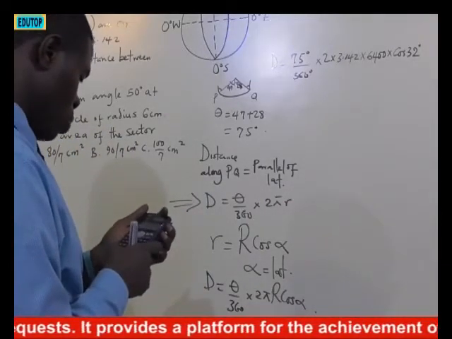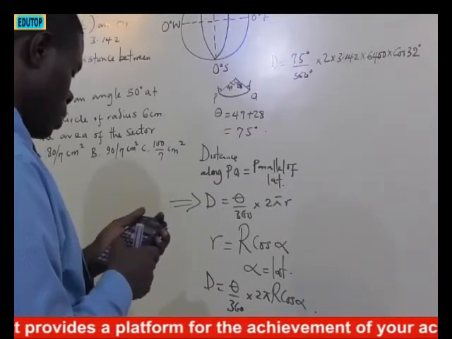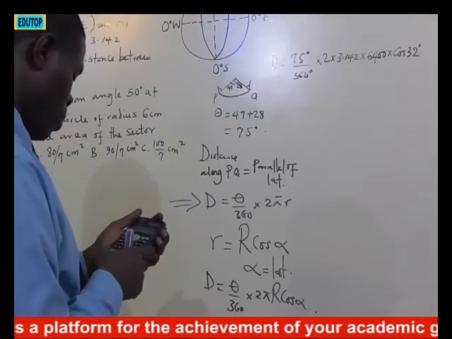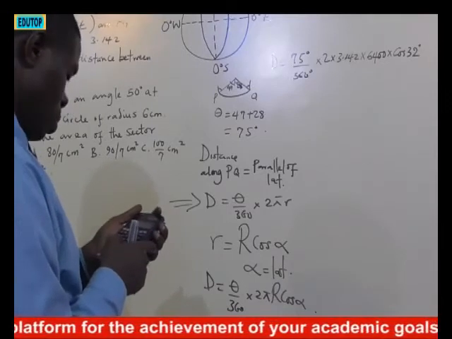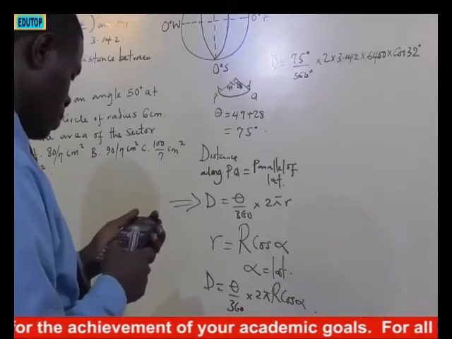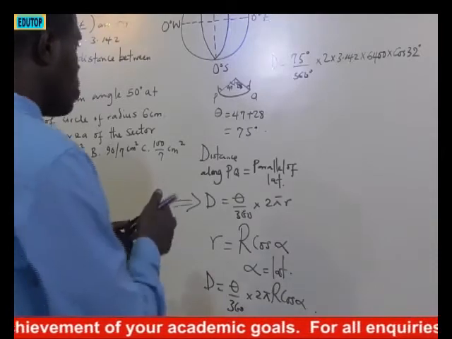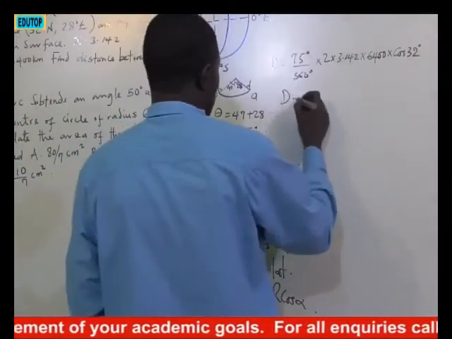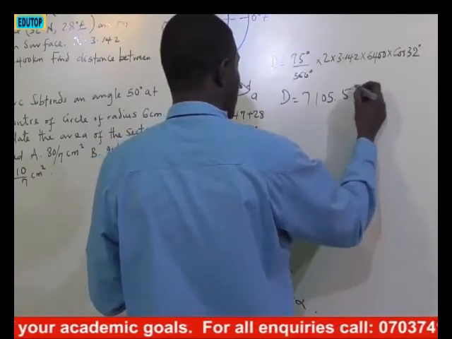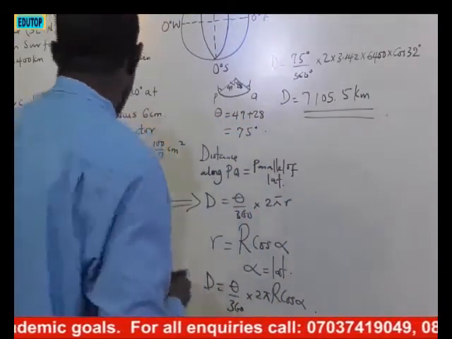That's cos 32, times 6,400 times 3.142 times 2 times 75 divided by 360. So the distance now will be 7,105.5 kilometers, which is the answer for this particular question.